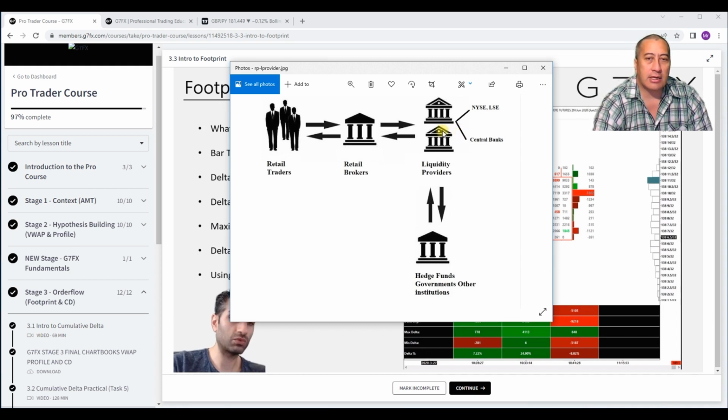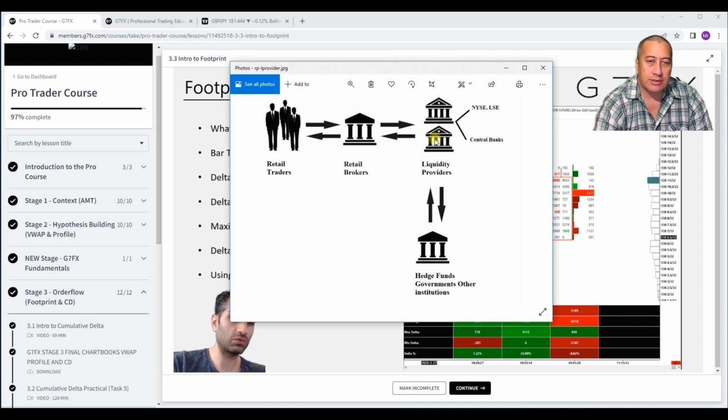But the liquidity providers do not want to deal with us directly. So they have created a retail broker, a middleman, to take our trade. So once we place a trade, it goes through to the retail broker, and they send it through to whichever liquidity provider they decide to deal with.